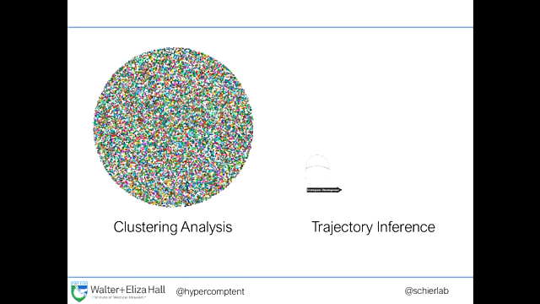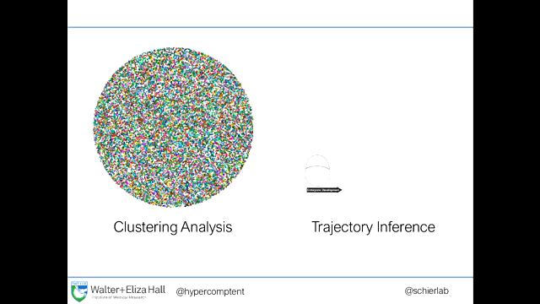So two really important approaches, things we need to do in single cell RNA-seq analysis, are clustering and trajectory inference. These two are related but also distinct from each other. In both cases we're trying to define the relationships between cells based on some underlying biology.